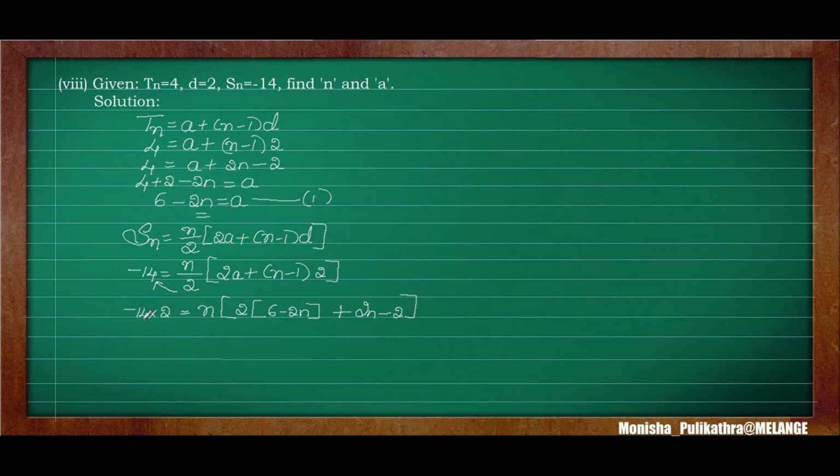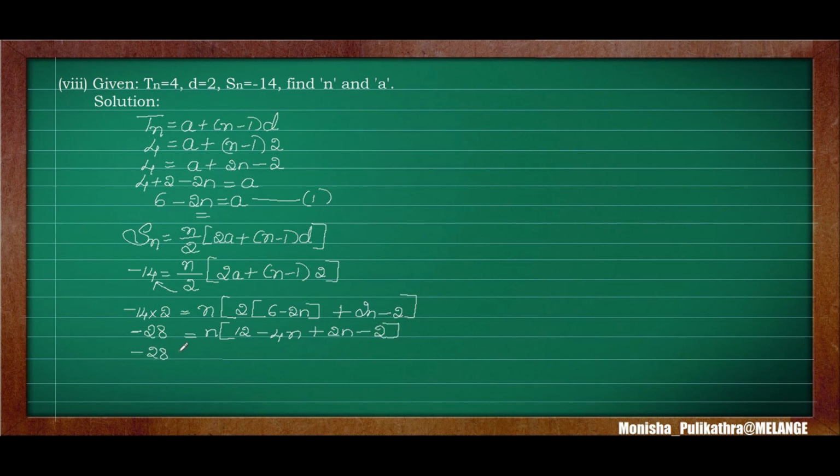Right? So 14 twos are 28. Since minus is there, the minus has to be retained. n into, here we need to multiply 2 into the whole term. So 2 sixes are 12, minus 2 twos are 4n. So plus 2n minus 2, right, as it is.